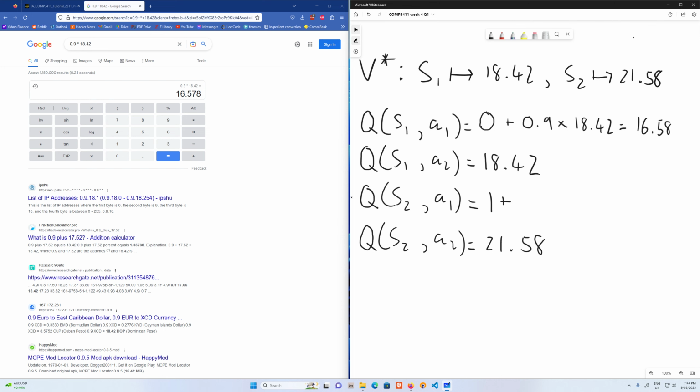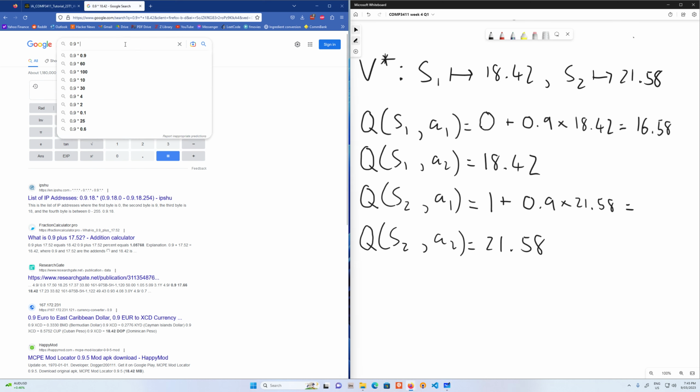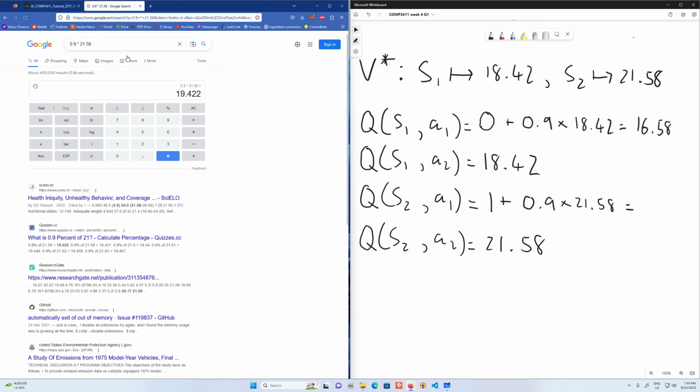If we think back to the diagram, this is the self loop from state 2. It gets a +1 reward for doing that. And then we can use the optimal value from state 2, which we found to be 21.58. So the Q value for this state action pair is approximately 19.42.